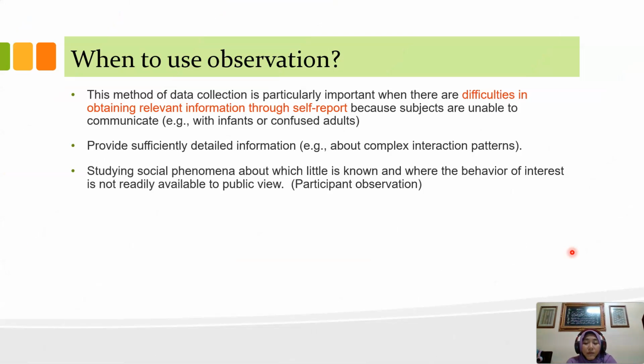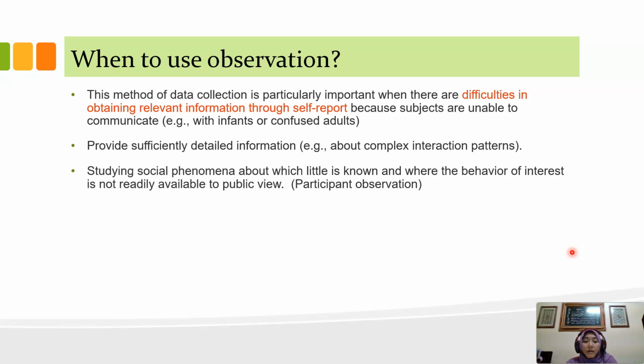When to use observation? Why do you choose that kind of method? You can use the observation method in your research when there are difficulties in obtaining relevant information through self-report, surveys, or other research methods, because subjects are unavailable to communicate.